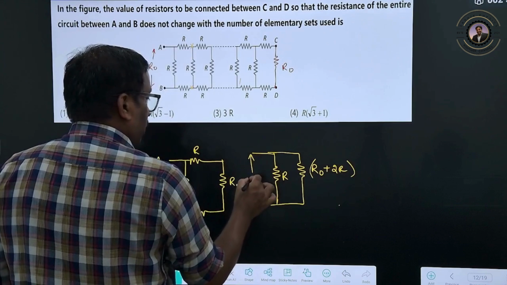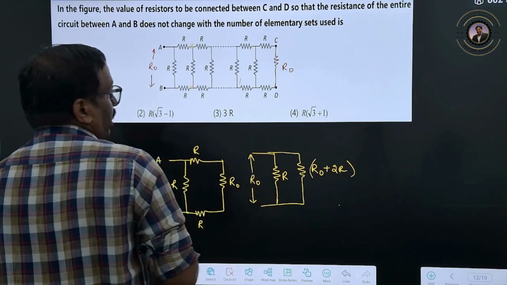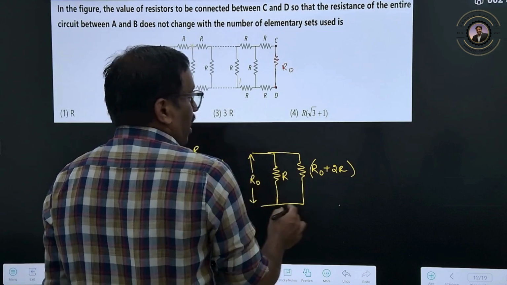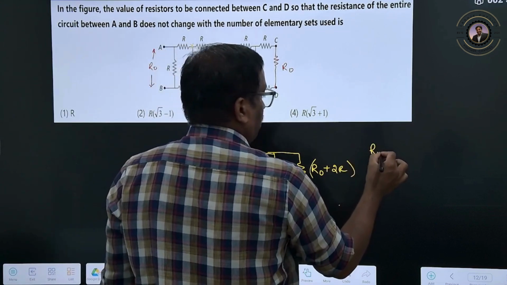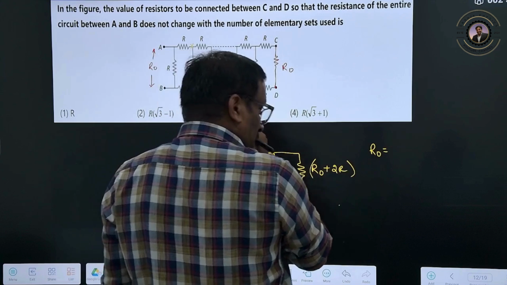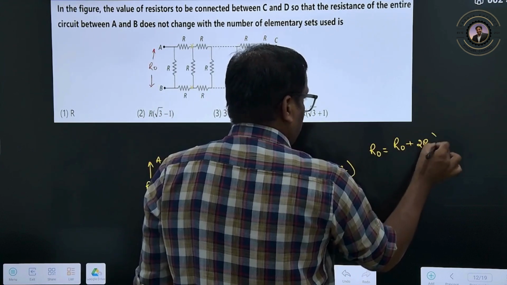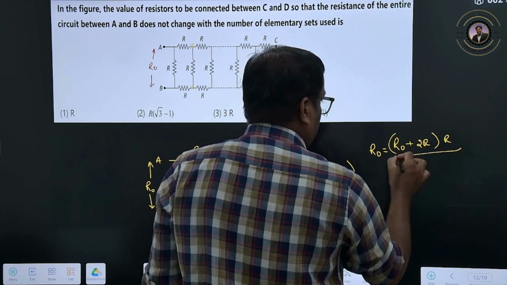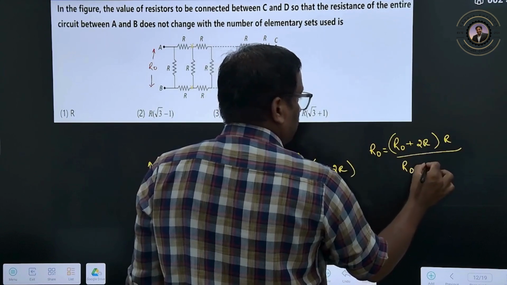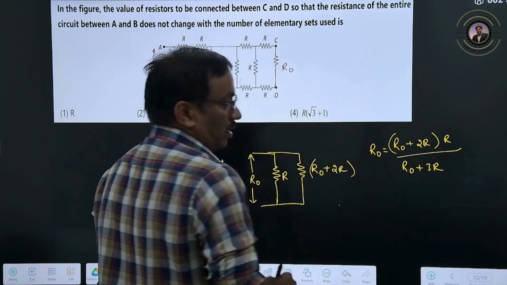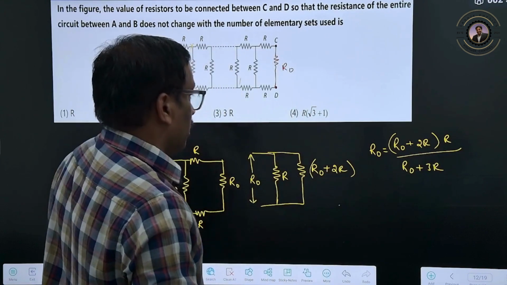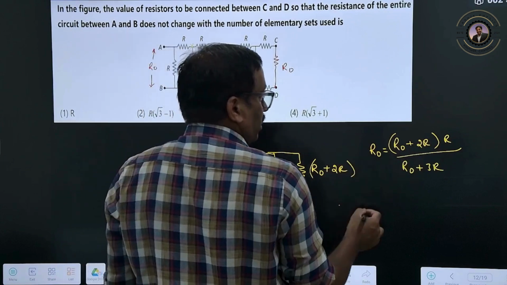So this will also be nothing but R naught. Now these two are parallel, therefore R naught is equal to A into B over A plus B. So R naught is equal to R naught plus 2R into R divided by R naught plus 2R plus R. Clear?